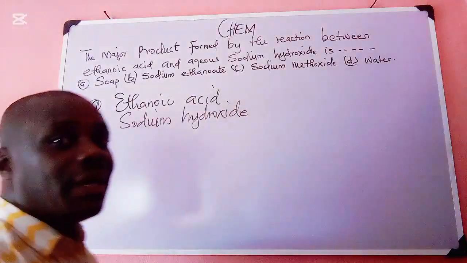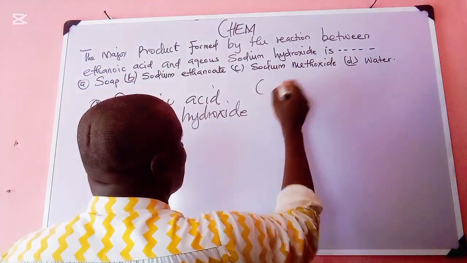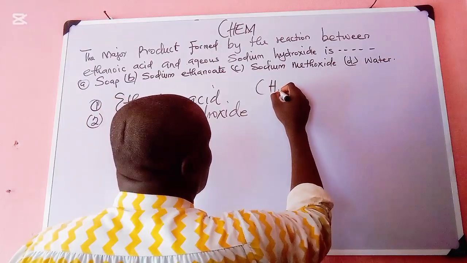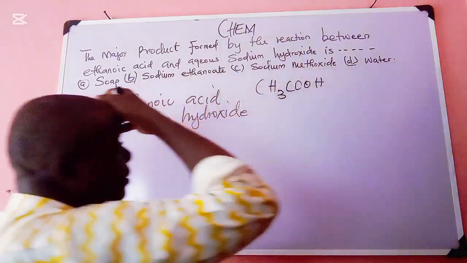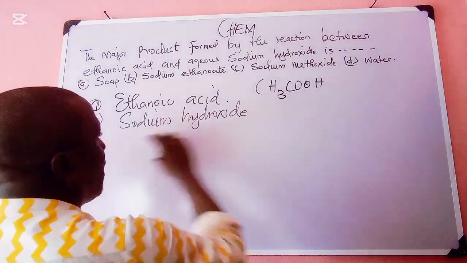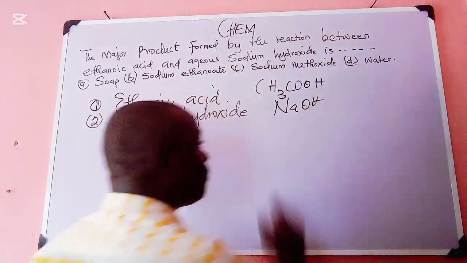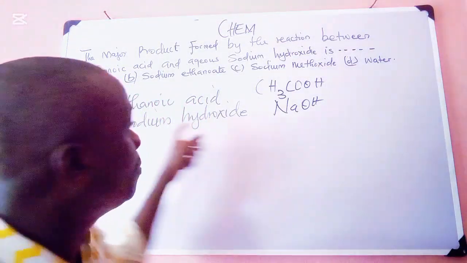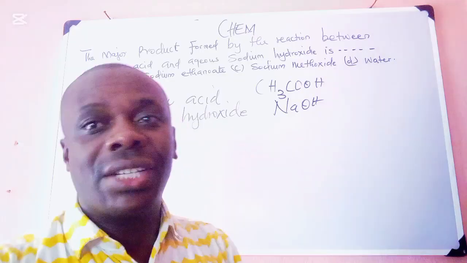So now let's go by the chemical formula. We have CH3COOH. Then the next one is aqueous sodium hydroxide. So we have been able to bring out the two chemical compounds that are involved in this reaction.